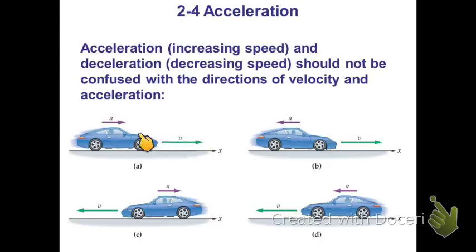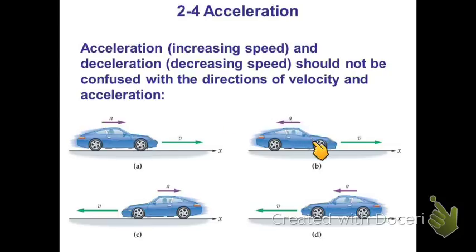This purple arrow shows the direction of the acceleration, which is toward the positive x-axis, the same direction as the velocity. So in this picture, the car is speeding up, or increasing its velocity.